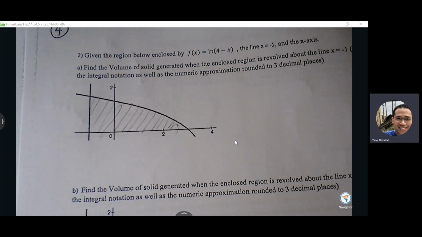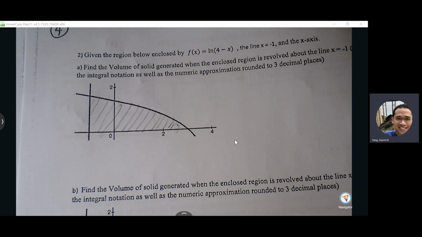As for number 2, I include the y-axis as a frame of reference, but it's not a boundary that we use. So it's just the x equals -1, the natural log graph, and the x-axis.